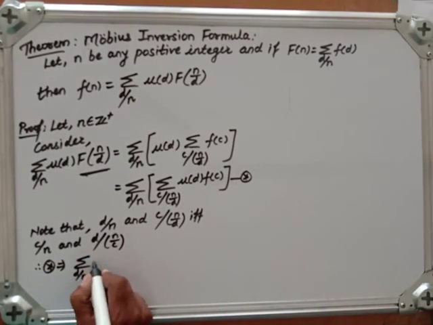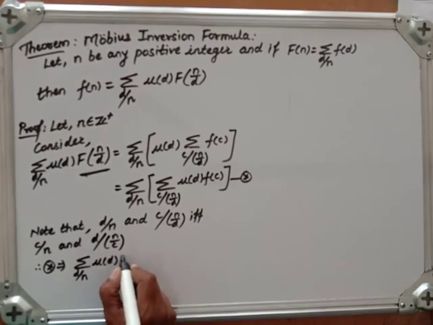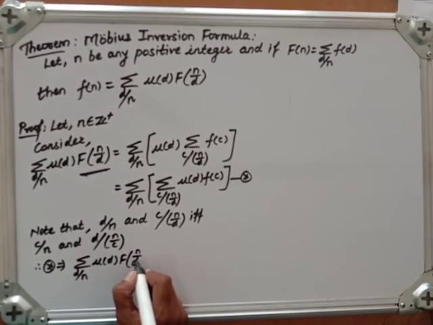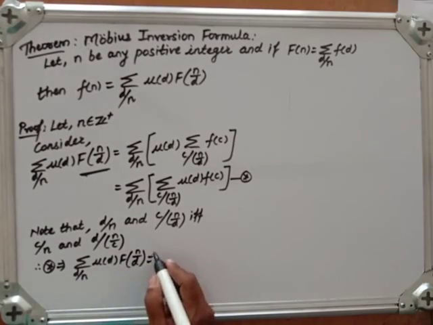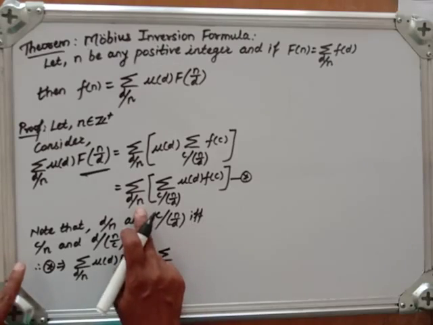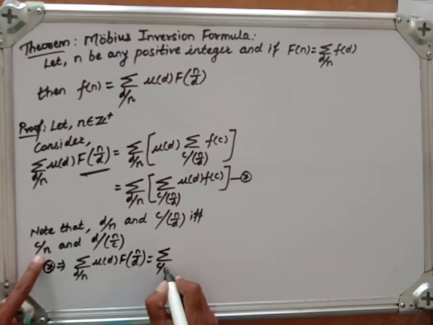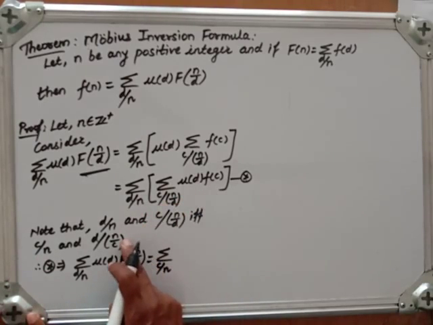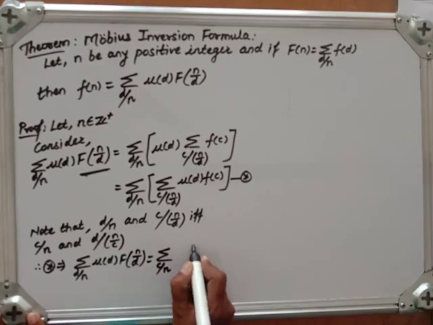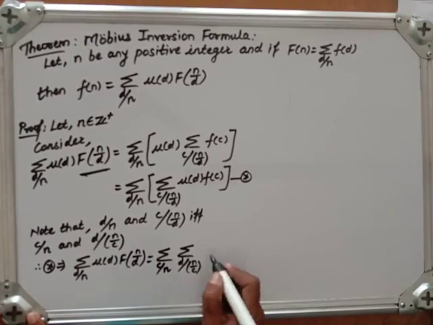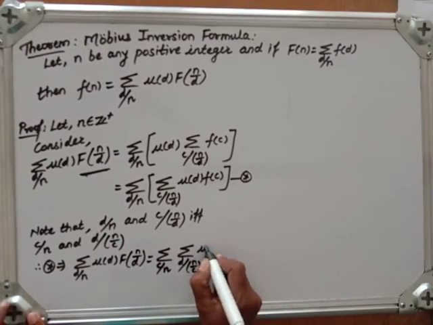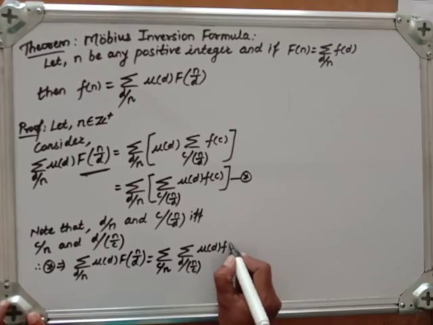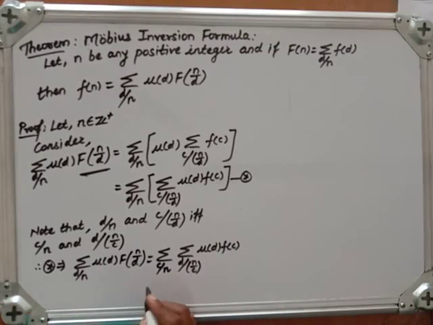the summation over d dividing n of mu(d) capital F(n/d) is equal to the summation where d dividing n is replaced by c dividing n, and the other summation is replaced by d dividing n/c, of mu(d) into f(c).